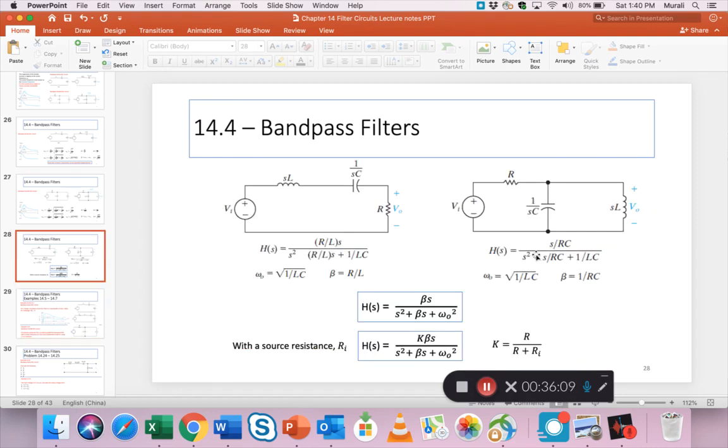So I'm going to go back to slide 28. Remember when we were doing just low pass and high pass, the complication came when we had a load resistance and we had to use some new methods to analyze or new factors such as K. The same logic applies here, and we bring a K in case there is a series resistance called a source resistance. Okay, so we'll use some of this when we do problems, and hopefully that will help you clear things up in your mind.